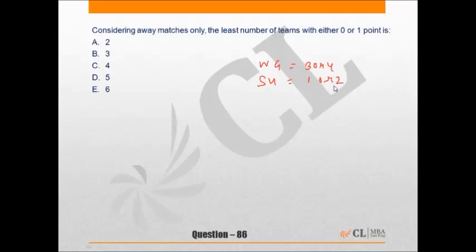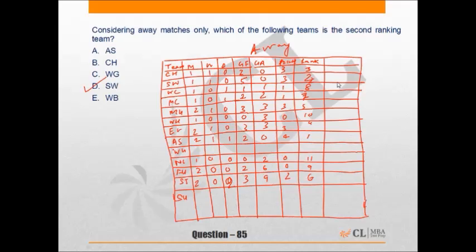So from here it is clear that SU scored 1 or 2 points. Now from the table it can be seen that the least number of teams with either 0 or 1 points is 5.